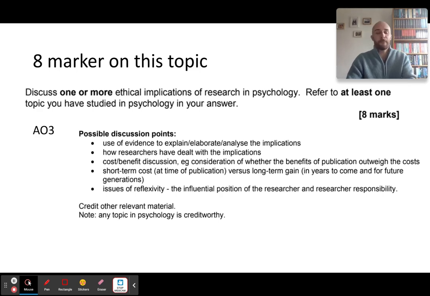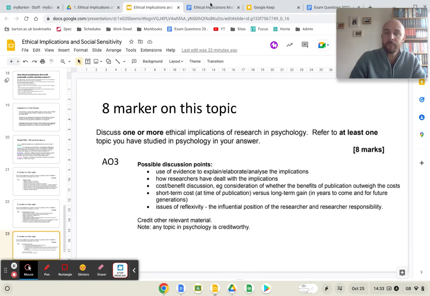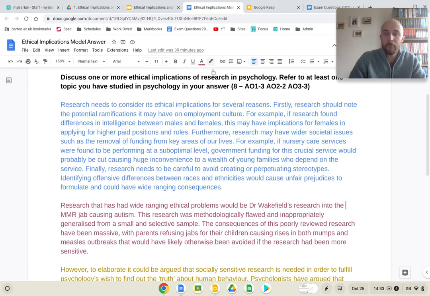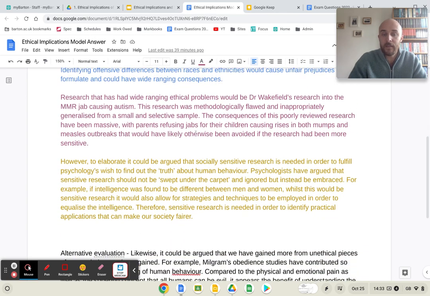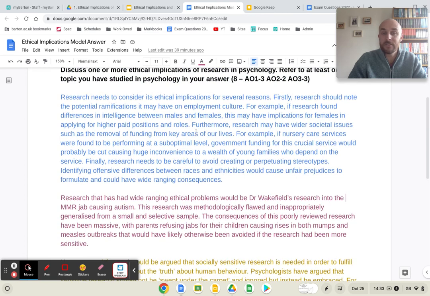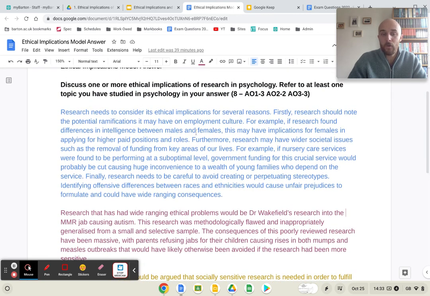That is pretty much it for this one, apart from me saying that I have written up a model answer just here. This is clearly AO1 here, AO2, and then AO3. It's for this question we've just looked at. It might be worth pausing this just to read this, to actually wrap your head around how much you should be writing. But there's AO1.